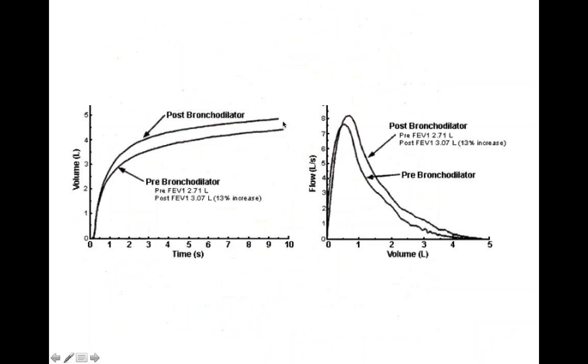So this is on spirometry. We find a decreased ratio. Next, the patient has dyspnea, so the next step is we go for a bronchodilator test.